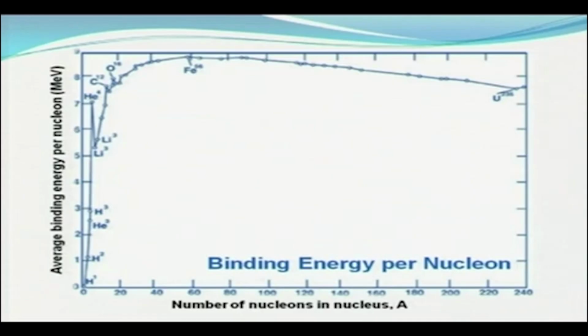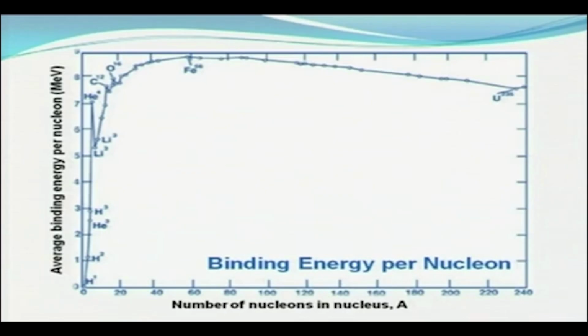So, for light nuclei with small A values, the binding energy per nucleon is small, and it actually rises very fast to a value of something like 8 MeV, and then it rises slowly from a value of, say, A equal to 20 to 50 or 55, and then gradually falls down to a value of 8 MeV or so by the time the mass number reaches a value of 200.